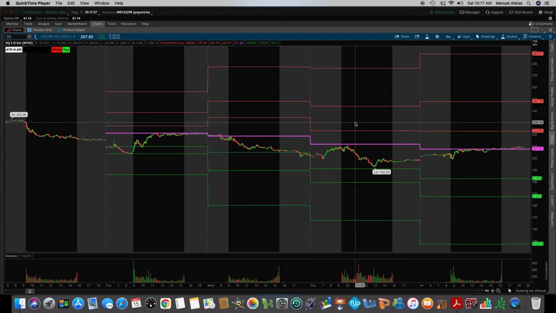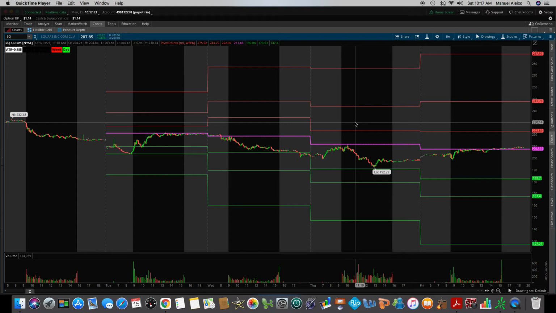What a pivot point does, it uses a prior period's high, low, and close price for a specific period in order to define the future support and resistance areas, okay? They apply those calculations to determine the points. And additionally, they determine stock market trends over different periods of time.